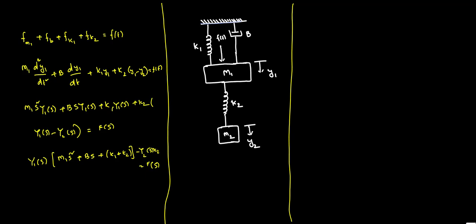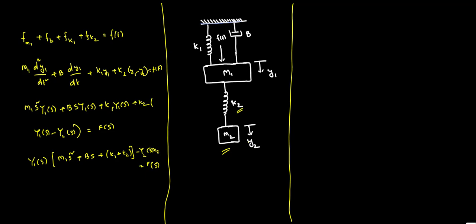Similarly, let us draw the free body diagram for the mass m2. For this particular mass m2, that's also simple. What are the forces acting? k2 is sandwiched between m1 and m2, and y2.